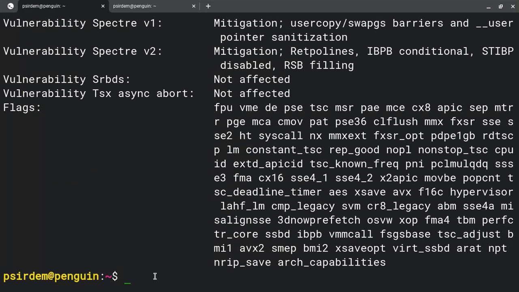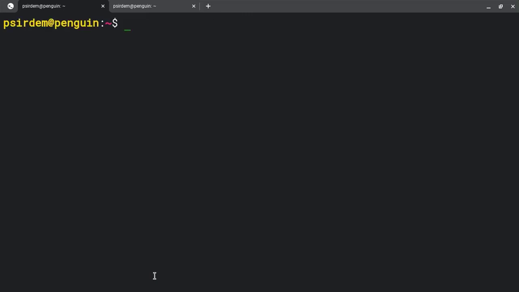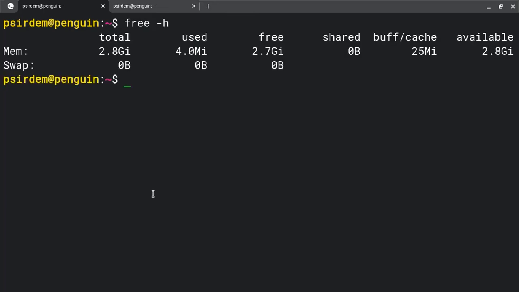But then we can't look at the CPU without looking at the memory, because we said that every CPU needs a memory. So if I do free -h, you see that here the CPU has 2.8 gigabytes of memory to work with.